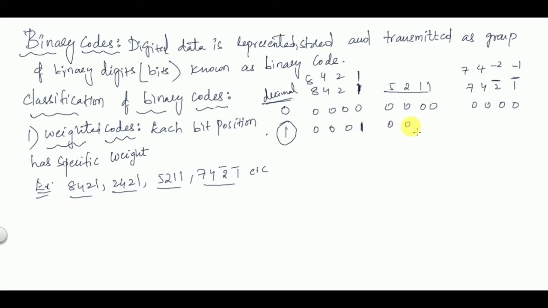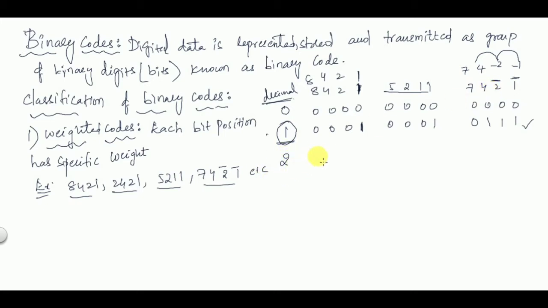Similarly in 742 bar 1 bar, it is 0 1 1 1. So 4 minus 2 is 2, and 2 minus 1 is 1. Again you get decimal number 1. This is the representation of 1 in the 742 bar 1 bar code.